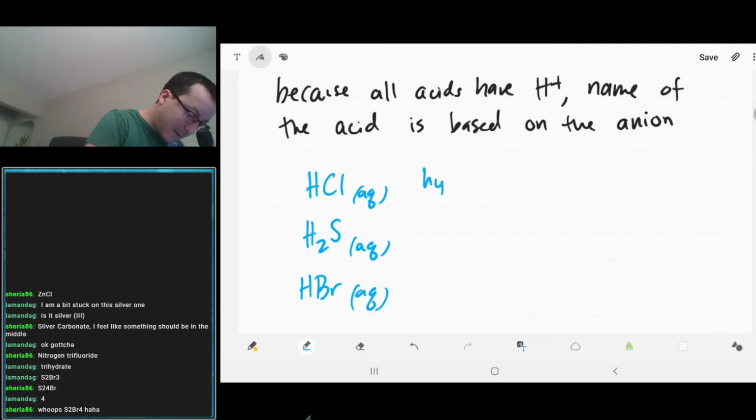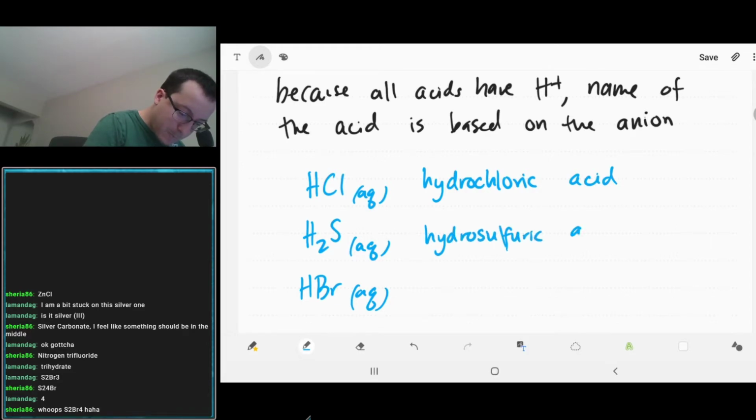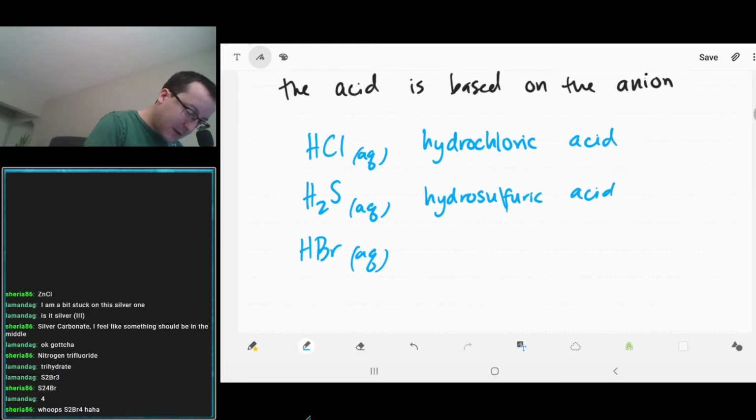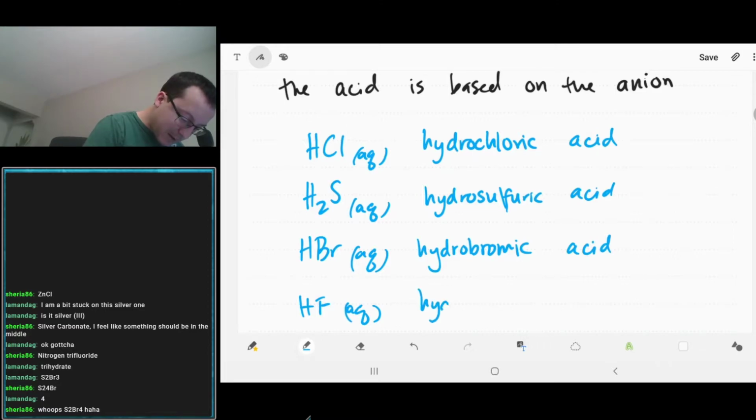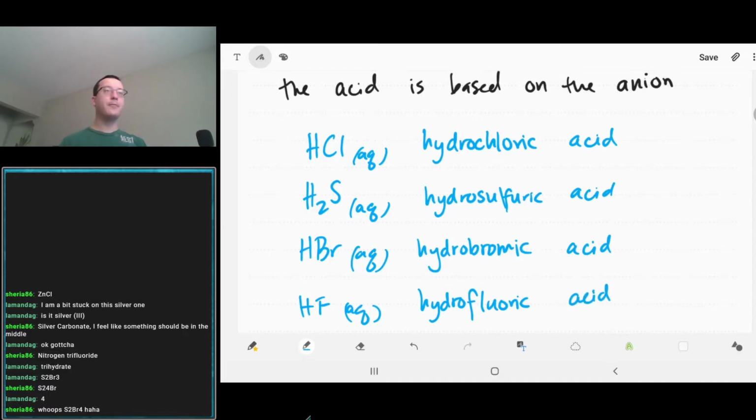This one is called hydrochloric acid. This one is called hydrosulfuric acid. This one is called hydrobromic acid. Here's another one. This one is hydrofluoric acid.